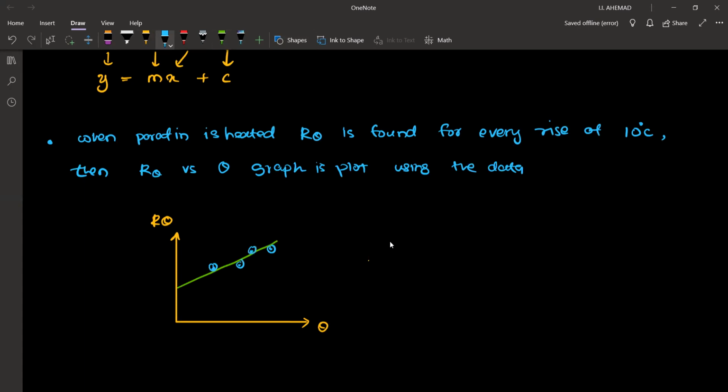Here, this intercept is equal to r naught, and let's say that is c. Here the gradient. So when we are finding the gradient, we take two points that are not data points, okay? And find the gradient theta.